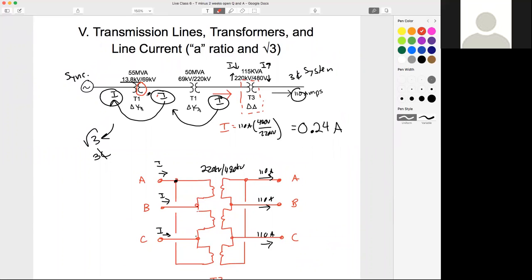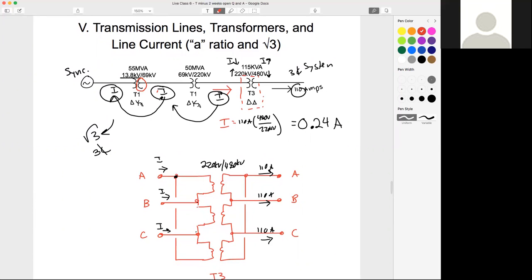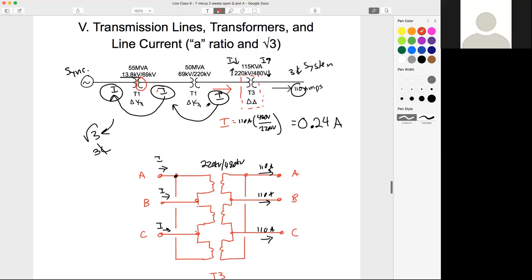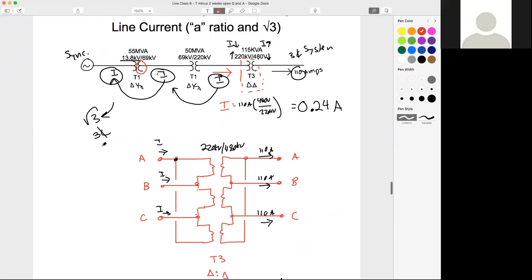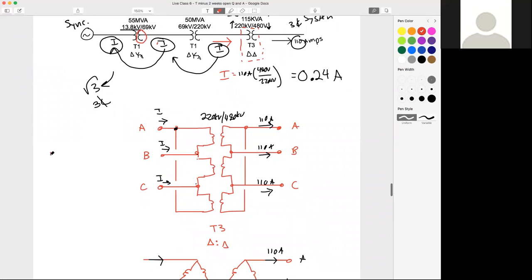Jonathan Disco said, would we worry about percent impedance if they were listed? To be honest, the only time, well, I'm not going to say the only time, right? But for the most part, when you're dealing with transformers, the percent impedance is going to come into play when you're doing fault current analysis problems, or another good one is when you have like load sharing transformers.